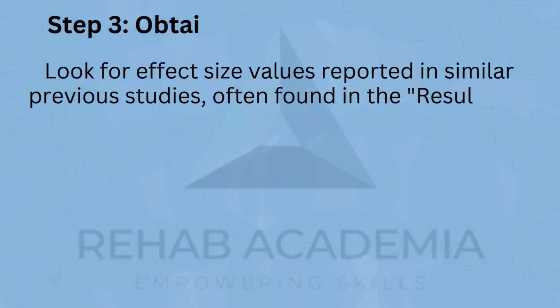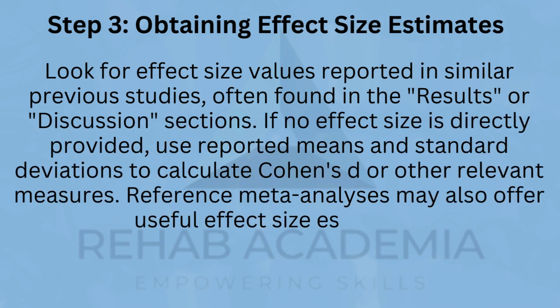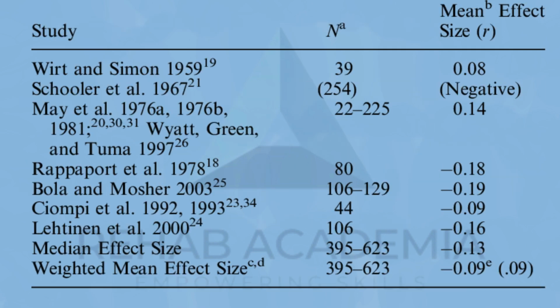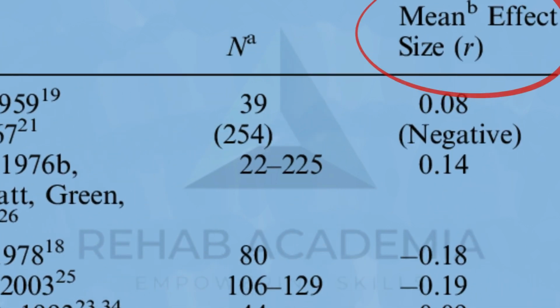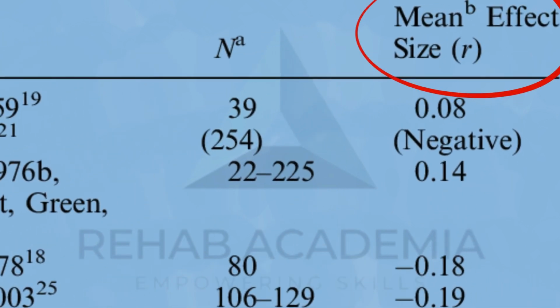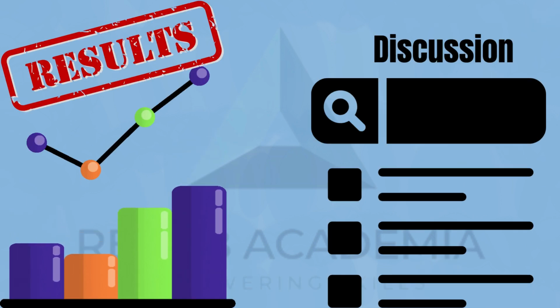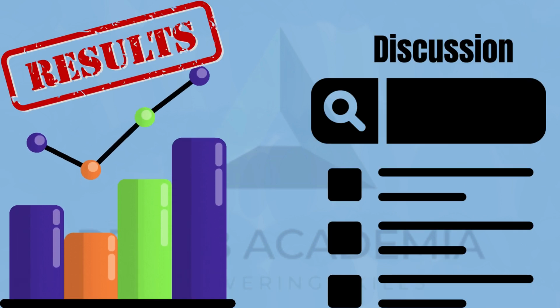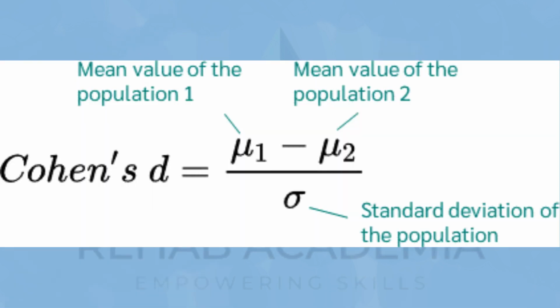In this step, we discuss how to obtain effect size estimates for your study. A good starting point is to look for effect size values reported in similar previous studies, which you can often find in the results or discussion sections of their papers. If you don't find a direct effect size provided, you can calculate Cohen's d or other relevant measures using the reported means and standard deviations from those studies.